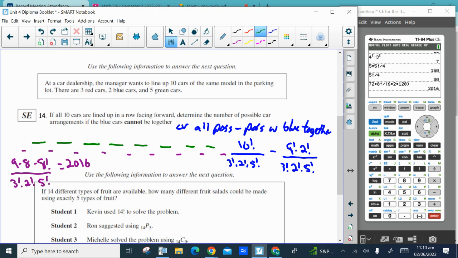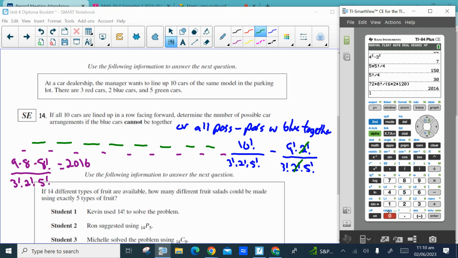So we can simplify that second expression a little bit. We can cancel the 2 factorials. That makes things a little easier. And so now I've got 10 factorial divided by, in brackets, again, it's 3 factorial, which is 6, times 2 factorial, which is 2, times 5 factorial, which is 120, minus, I'll use brackets here, 9 factorial divided by 6 times 120 again.